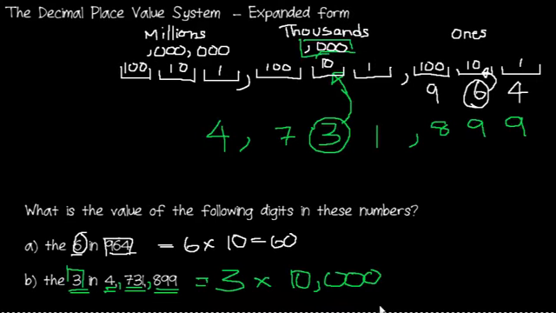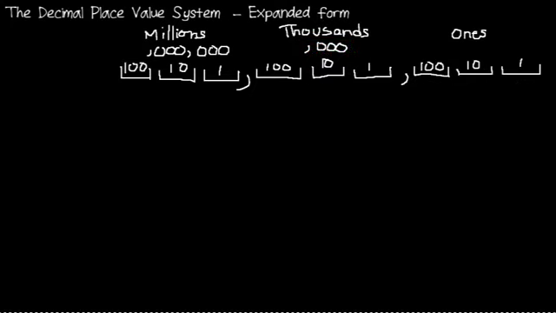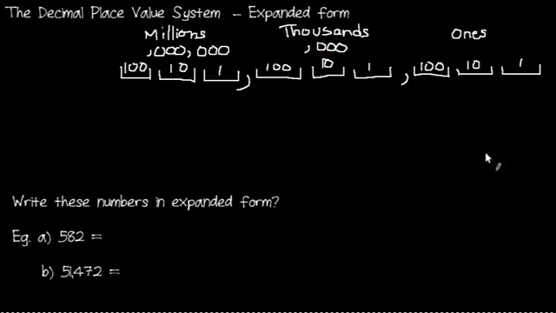Remember, we said we're going to put the 3 zeros to help us out later, and so that just becomes easily 30,000. Straightforward. So the value of the 3 is 30,000, and the value of the 6 in this number is 60. Good.